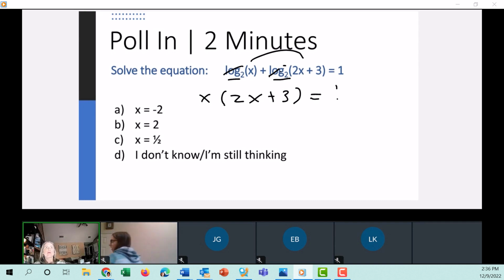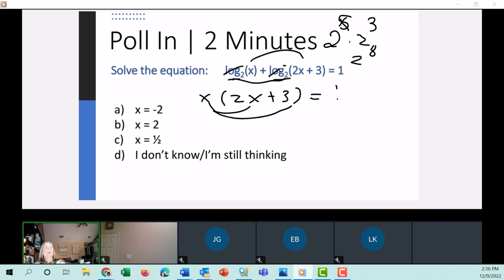Just like when you have exponents and you're multiplying them, you add the exponents. For example, 2 to the 5th times 2 to the 3rd is 2 to the 8th. When you're adding logs, we combine them by multiplying.